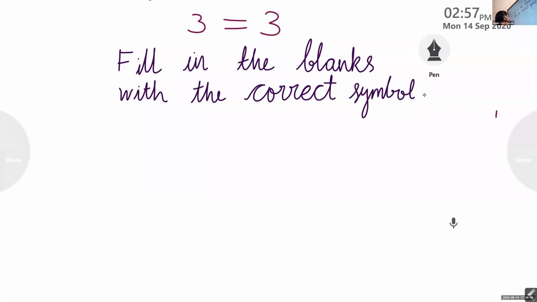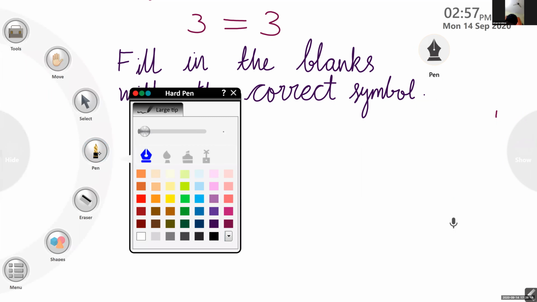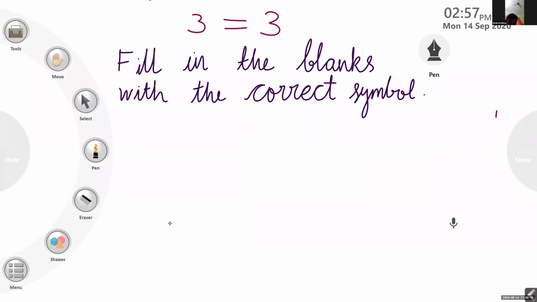Fill in the blanks with the correct symbol. And we have three symbols.